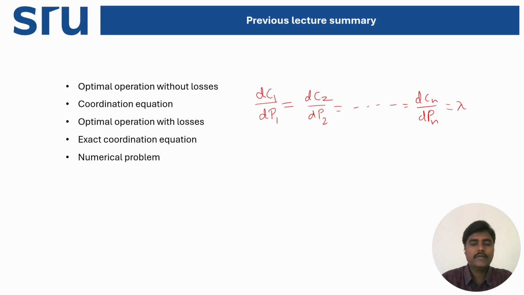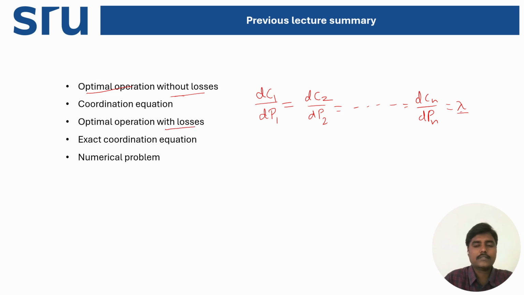So if there are n generating units in any power plant, the condition for optimal operation without losses is that the incremental fuel cost of all the units should be the same, and that should be equal to lambda, where lambda is called the Lagrange multiplier.